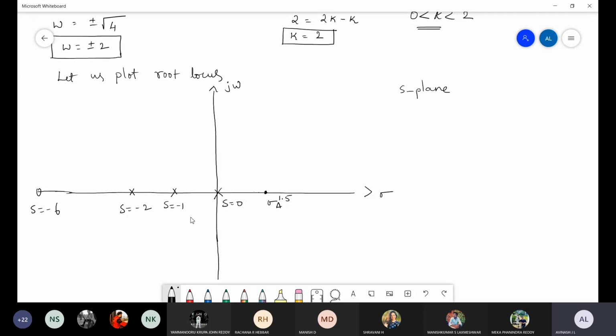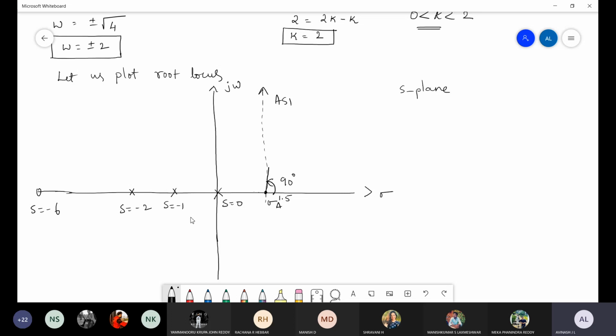Once I make the centroid equal to 1.5, we need to take the angles. There are two asymptotes here. The first asymptote is at 90 degrees, that means exactly perpendicular. That is asymptote 1, and I can say this angle is 90 degrees.